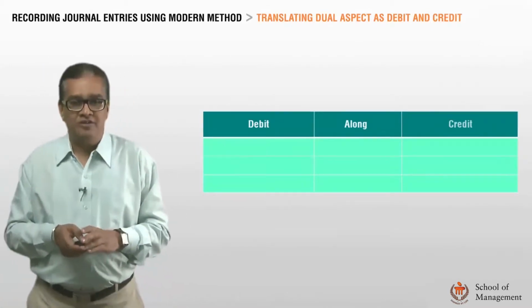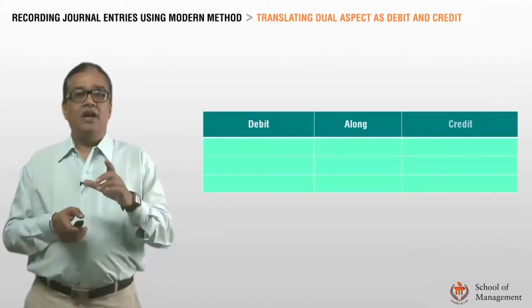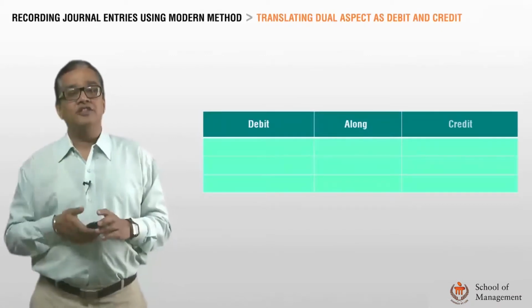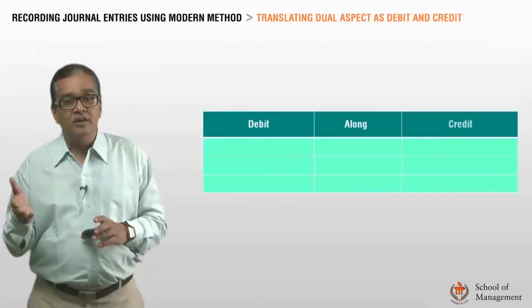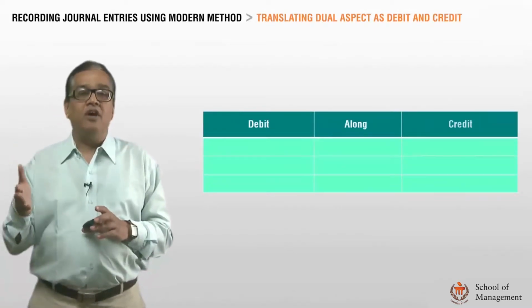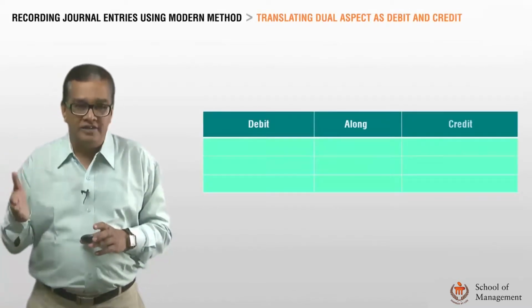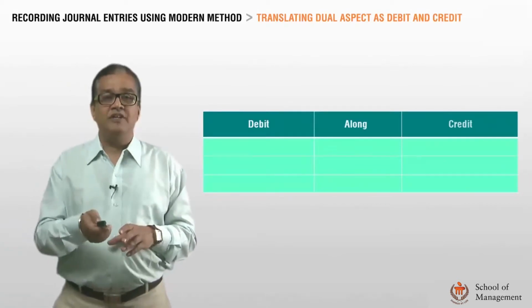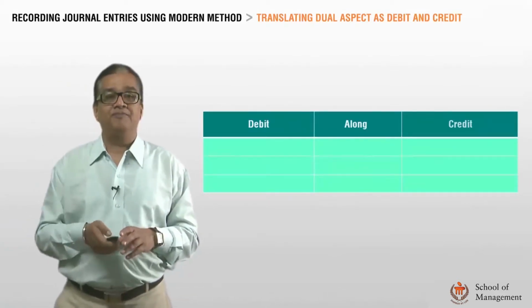So when we go back to the diagram, we see here that an increase in asset goes along with the 3 on the right hand side, and we represent this in the table.